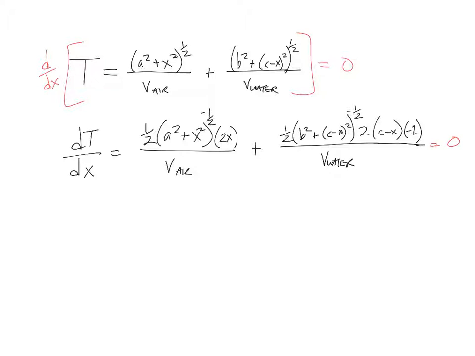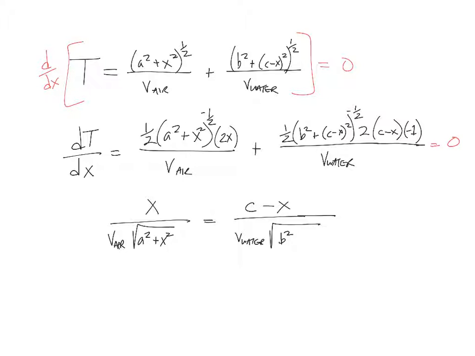Well, the end result of all that is this: x over the airspeed times the square root of a squared plus x squared equals c minus x over the water speed times the square root of that other side.